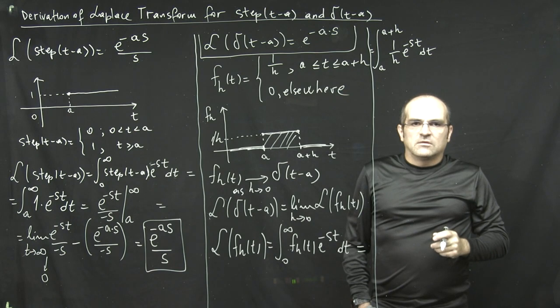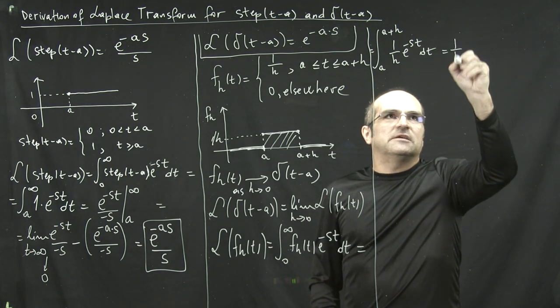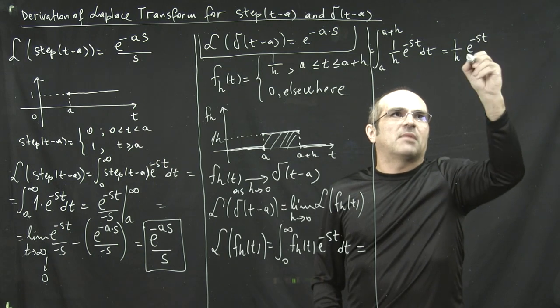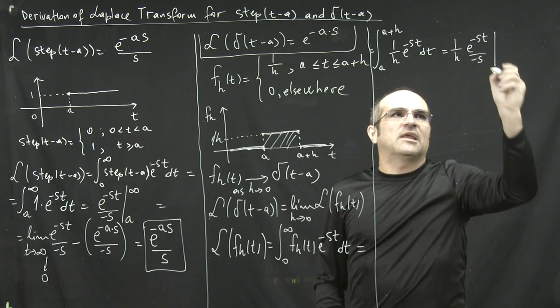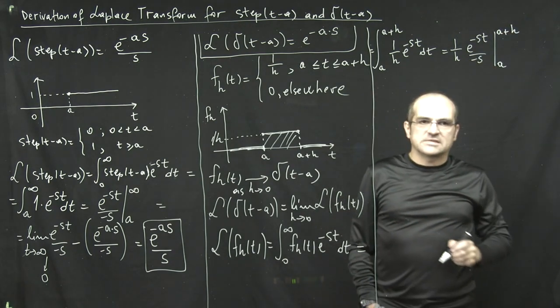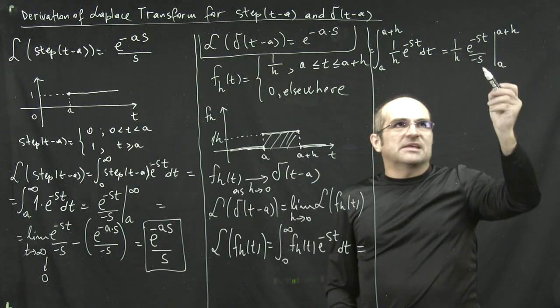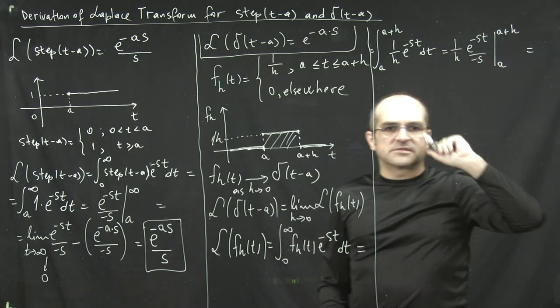So h is a constant. The antiderivative of e to the minus st is e to the minus st over minus s. And then we're going to evaluate this between a plus h and a, plugging in a plus h and a for t and taking the difference.